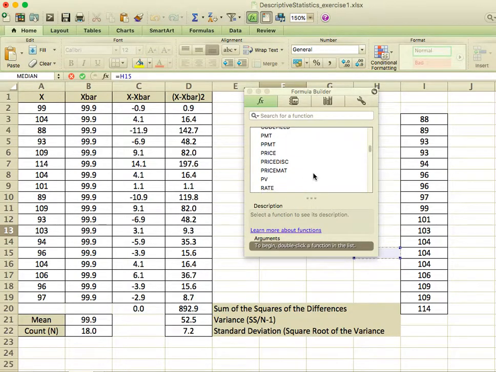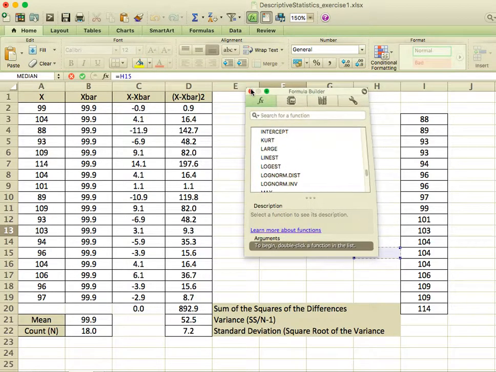Then if we scroll down far enough, we'll get to a list of statistical functions. Not quite yet. Here we go. Statistical functions, averages, distributions, confidence. We'll be using many of these functions as we work our way through the semester. Okay, but this is a brief introduction.